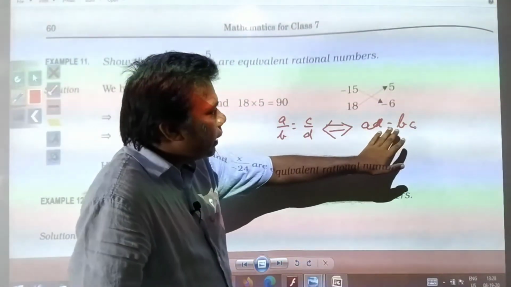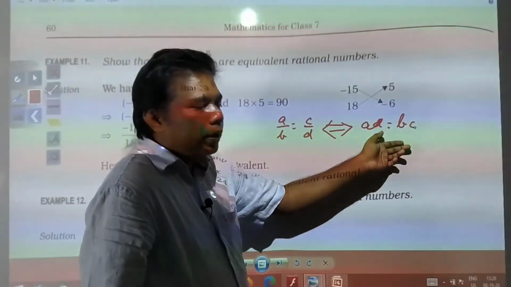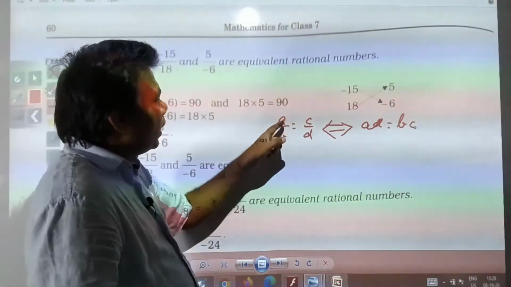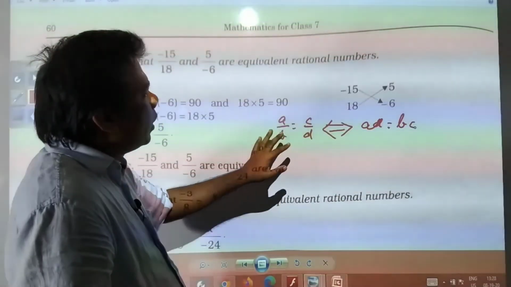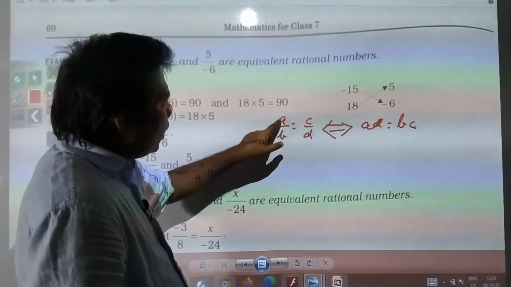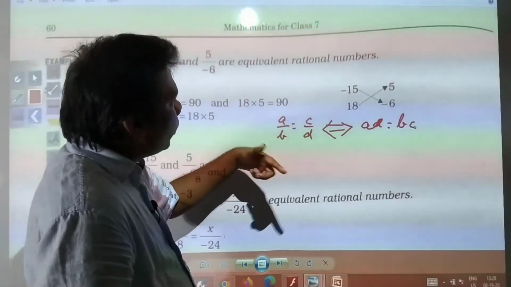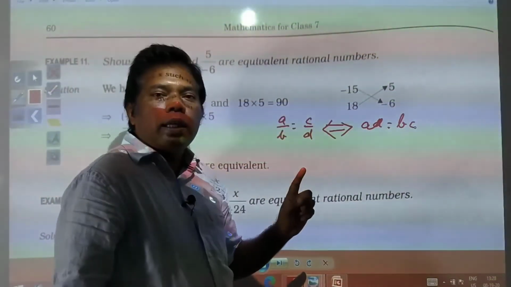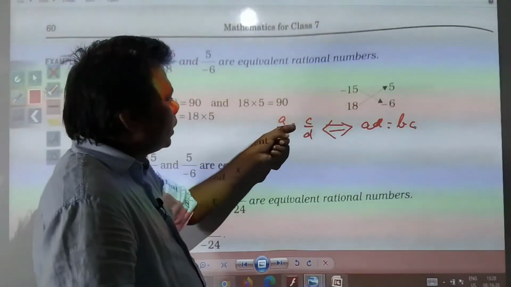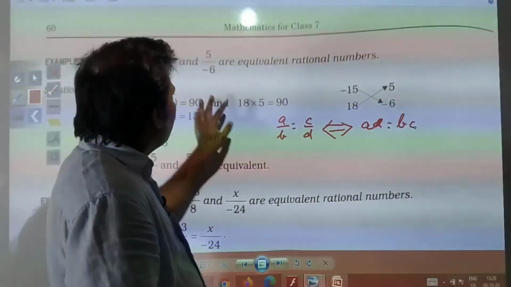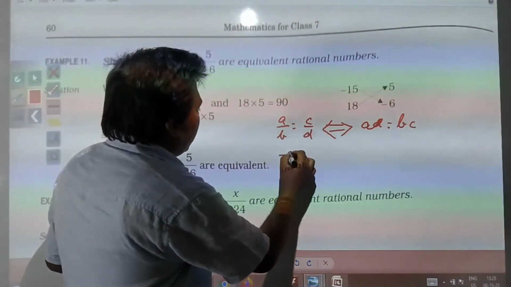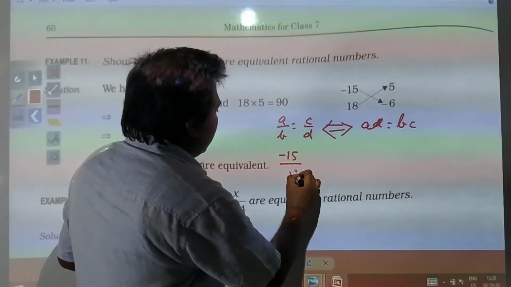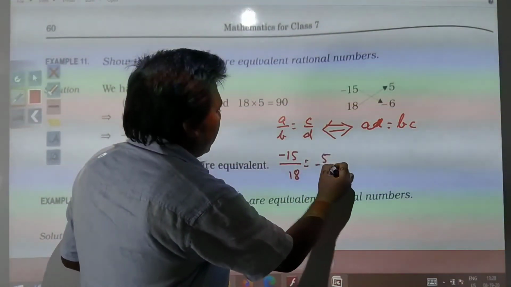So if this has been given, a into d is equal to b into c, then it can be written as a by b is equal to c by d. So here you have minus 15 by 18, and that is equal to 5 by minus 6.